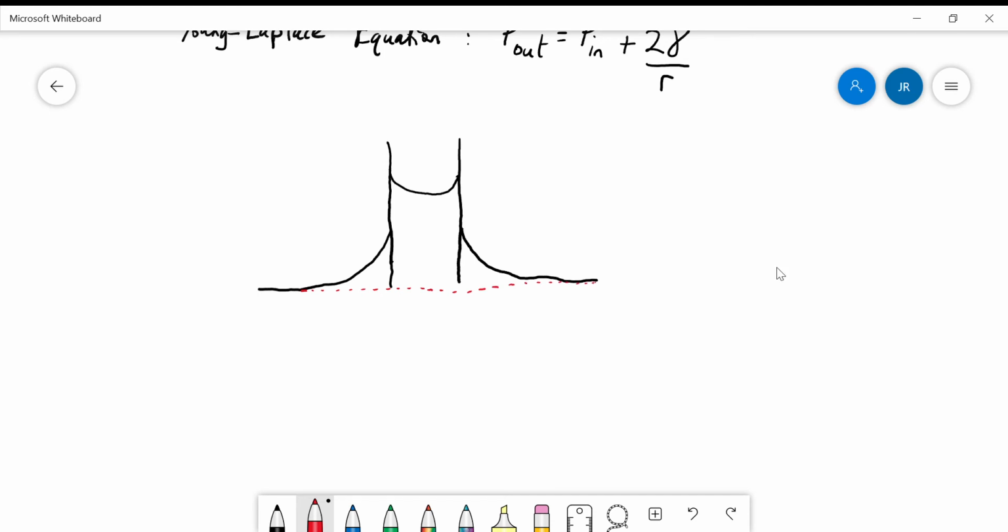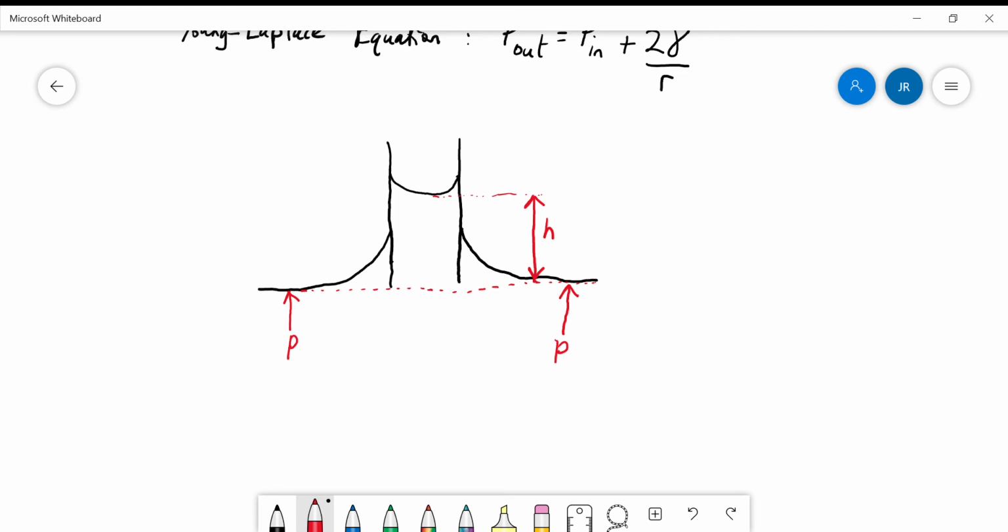Okay, so let's say that we have obviously a pressure here, pushing the surface of that water up. We have a pressure here, pushing the surface of that water up. If we look at the bottom of the meniscus here, the water has risen a height h above the surface of the bulk water.